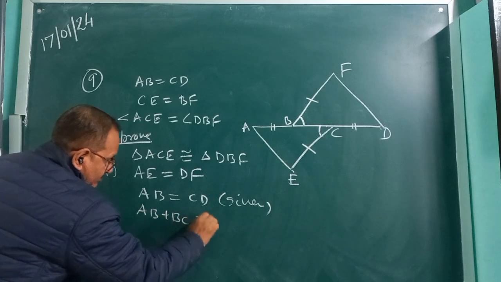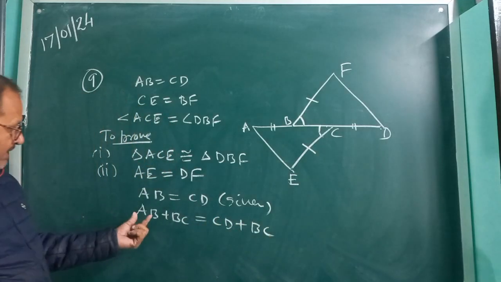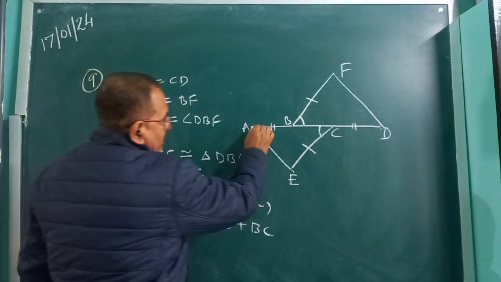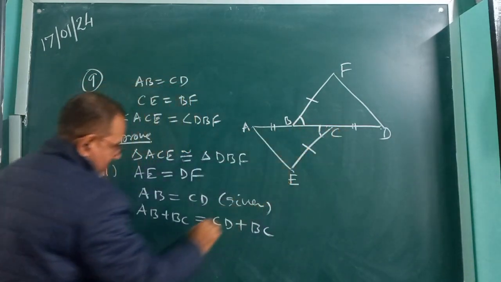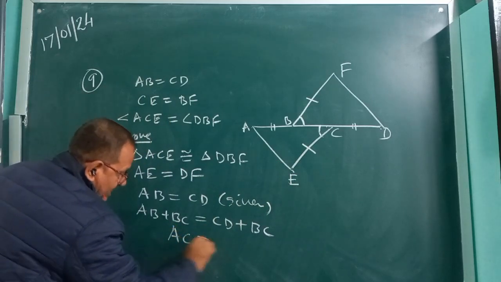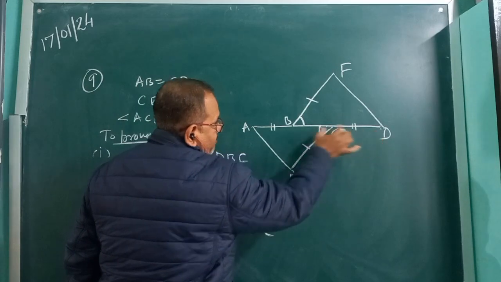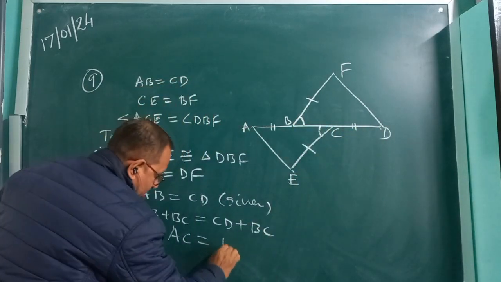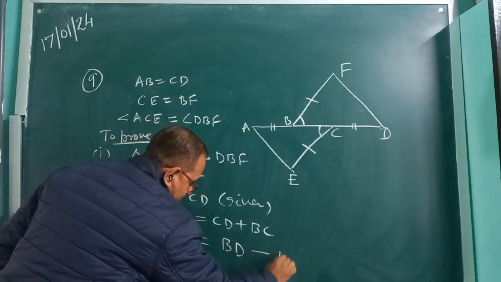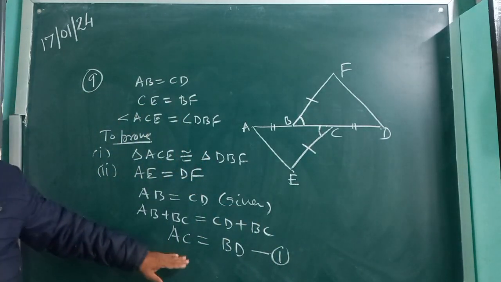So see the figure. AB plus BC, what will come? It will become AC. And CD plus BC will be equal to BD. So AC is equal to BD. Make it equation number 1. We have to use it.